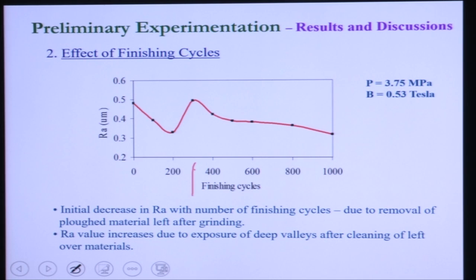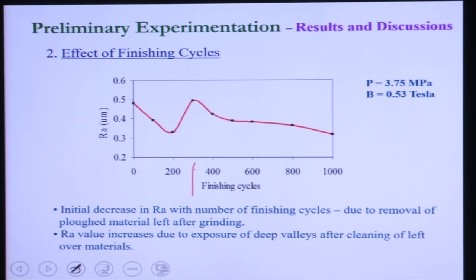Because these workpieces are ground workpieces, whatever flowed material or loosely held material is there is removed by the abrasive particles. Sometimes this loosely held material is deposited on the workpiece surface, so it is a little bit removed and filled into the valleys.